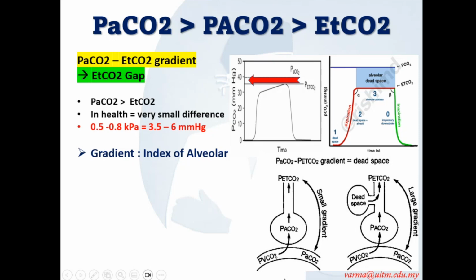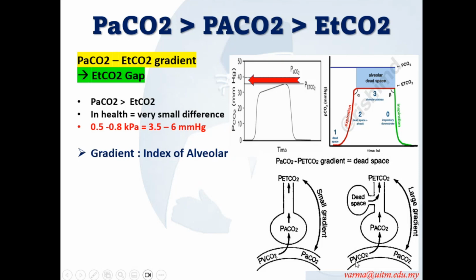Why? Again, as I mentioned, in a normal patient CO2-rich blood comes in here, equilibrates and goes out, so the gradient is small. Whereas when there is dead space, the dead space actually dilutes the EtCO2. So the EtCO2 comes down, but the PaCO2 is still high.